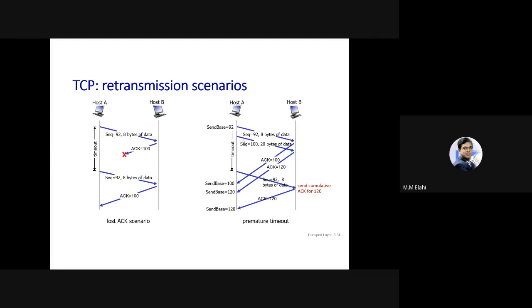But for now, see, the timeout is set whenever segment 1 is sent, segment 2 is sent. But for segment 2, there is no timeout. In this way, the TCP timeout is used for the oldest segment's acknowledgement.